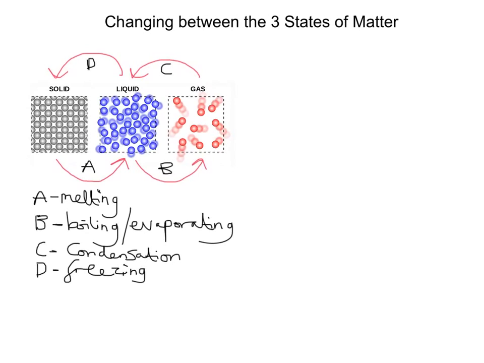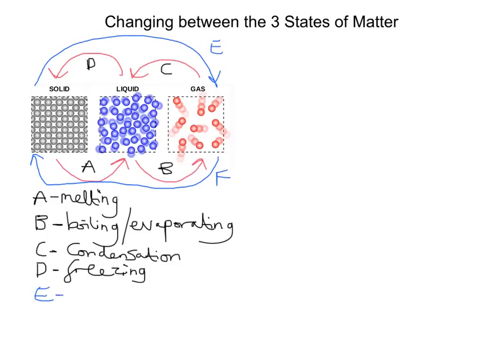There are two other processes that you don't often hear about, especially at key stage 3, more so at key stage 4. There is a way to go from solid directly into a gas. And likewise, there is a way to go from a gas straight back into a solid. So if we say solid to gas is process E, and we call going from gas to solid F, let's just talk about what E and F are, because E and F are kind of extra ones we don't tend to think about.